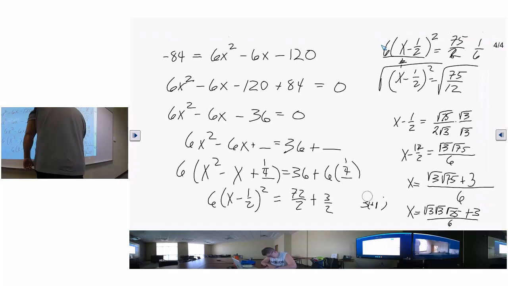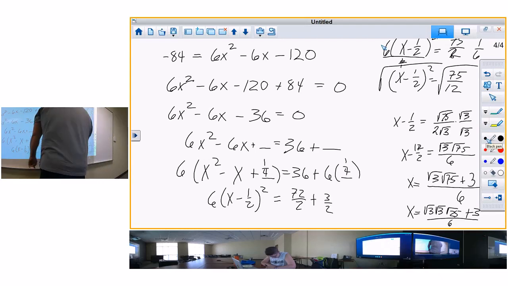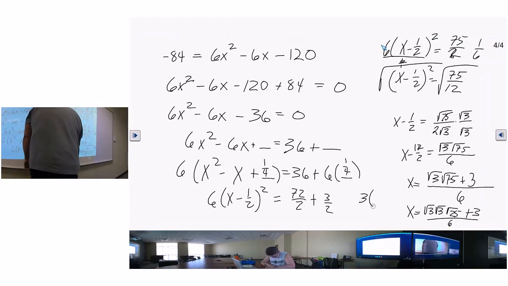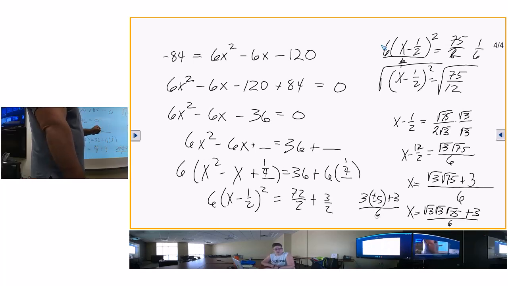Hold on a second. Don't ask any questions yet. I'm still ciphering if I haven't made a mistake. 3 times positive or negative 5 plus 3 over 6. Now, what's 3 times positive 5? 15 plus 3 is what? 18 divided by 6 is what?